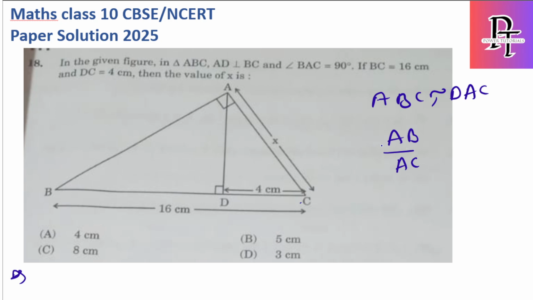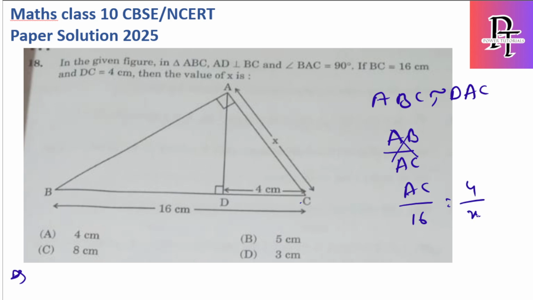I want X here, X is AC. So AC by the longer one, which is 16, is equal to the short side by the hypotenuse. In the small triangle, the short side is 4. It is 4 by X.